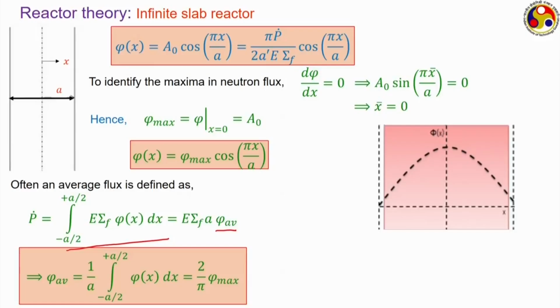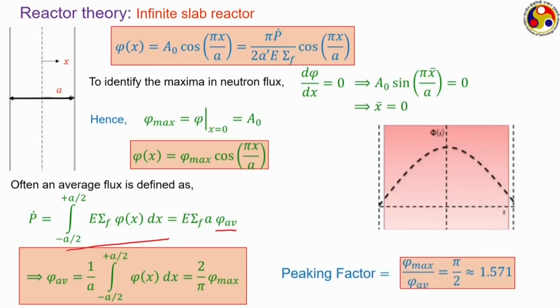This average phi value can be calculated as 1 by A into integral of phi x dx over the entire reactor, that is minus A by 2 to plus A by 2. It comes out to be 2 by pi into phi max. So, quite often to understand the non-uniformity that can be present inside the reactor in terms of neutron flux, we define a peaking factor.